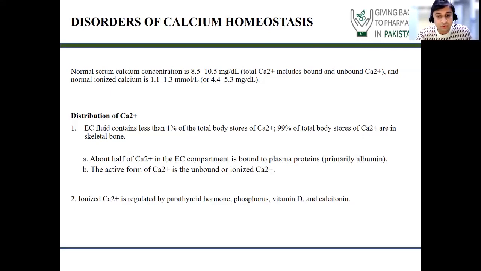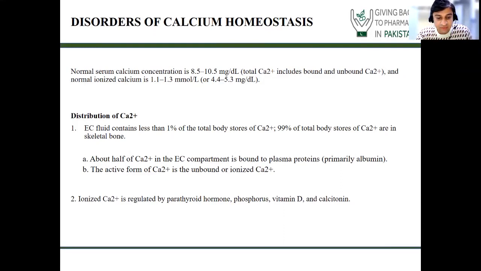99% of your total body stores of calcium is in the skeletal bones. About half of the calcium in the extracellular space, which is only 1%, is bound to the plasma proteins, primarily albumin.